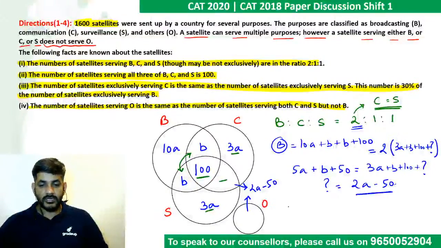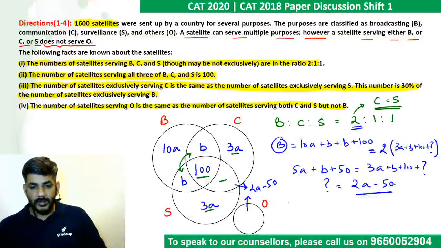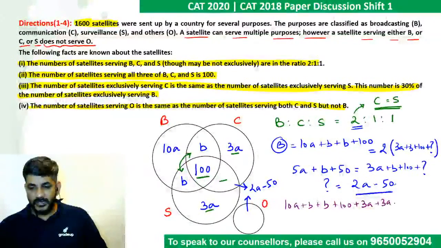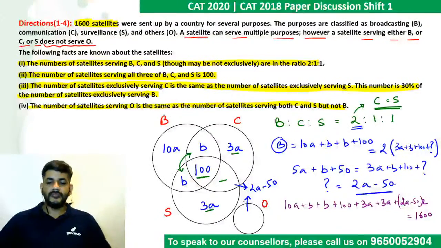So let's add all the areas guys one by one. What is there in B? 10A plus B plus B plus 100. Apart from that, C has 3A and S also has 3A, and then 2A minus 50 is there twice. Can I say this all should add up to 1600 now?